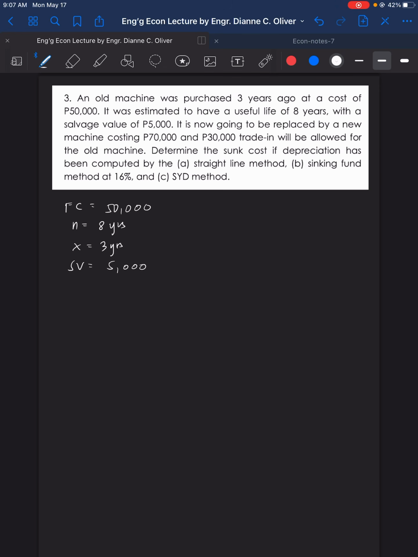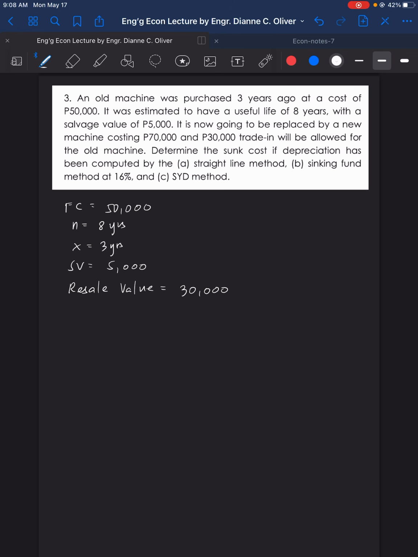Okay, so that will be the resale value. Talking about the trade-in, so 30,000 pesos for the resale value.